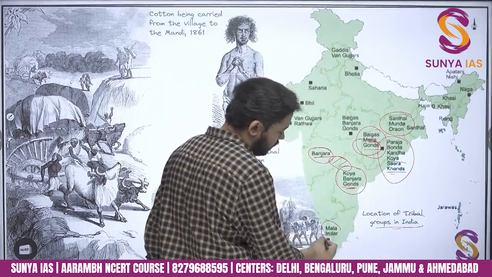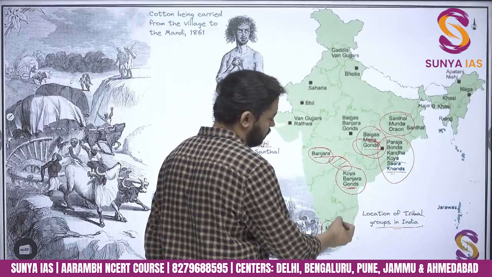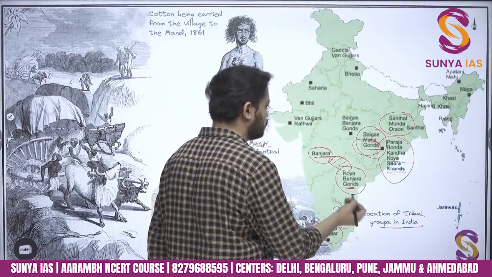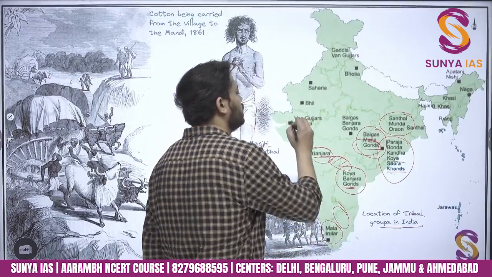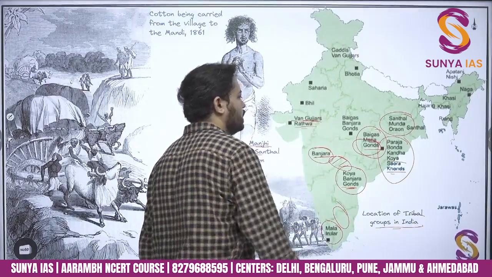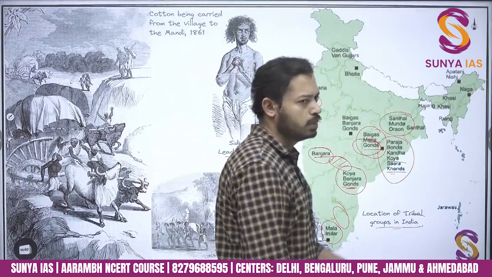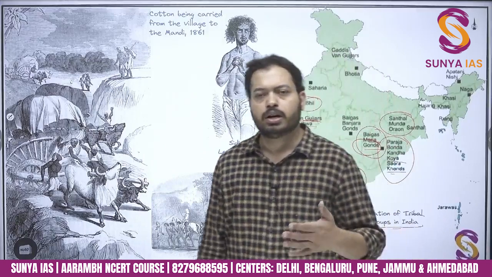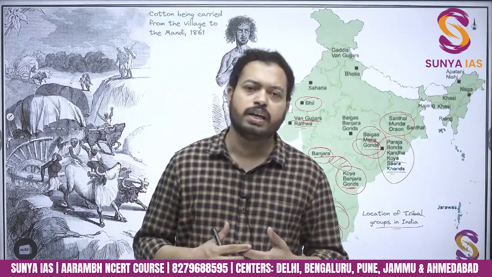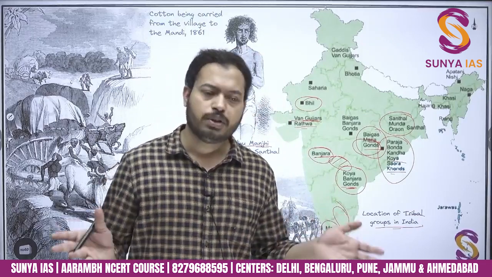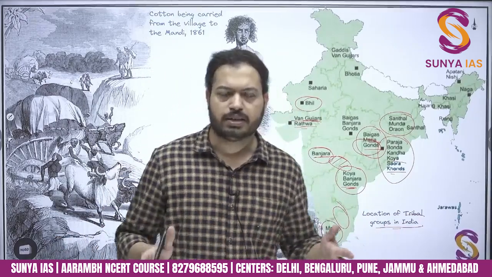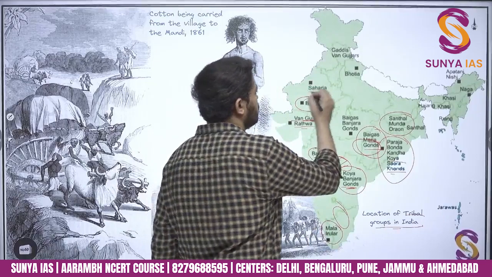In Kerala, you will find Irulas and Malas. There are other tribes in the Nilgiri Hills also, which are not even mentioned here. Then Van Gujars and Rathwas are there in Gujarat. Bhils have over the period got so mixed up in day-to-day society that they are often not even considered a tribe. Bhils have been assimilated too much into the common society in Rajasthan. So Bhils are there, Sahariyas are there.